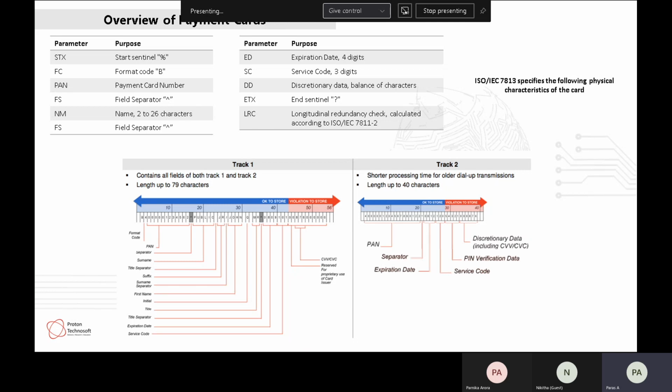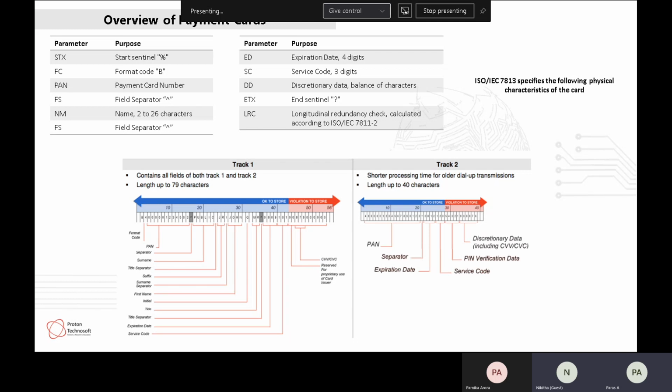These 40 characters consist of, again, a start sentinel, then the PAN, a separator, the caret symbol, then the expiration date in YYMM format. Then we have a service code from a bank perspective. We have the PIN verification data and the CVV2 data, all put together in the 40 characters.